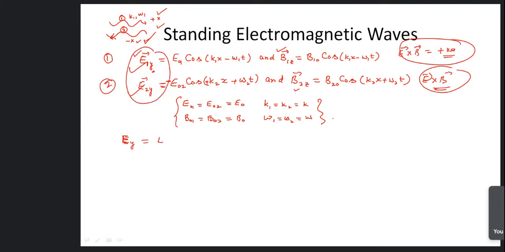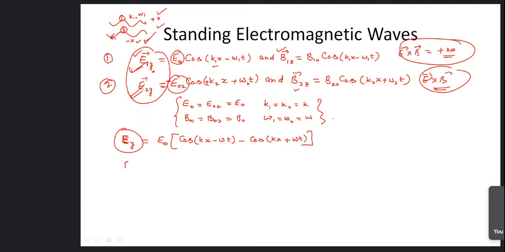Because both have E naught, I can take E naught common, and write this as cos of Kx minus omega t, and then minus cos of kx plus omega t. So this is the superposition of the electric field components of two oppositely propagating electromagnetic waves.